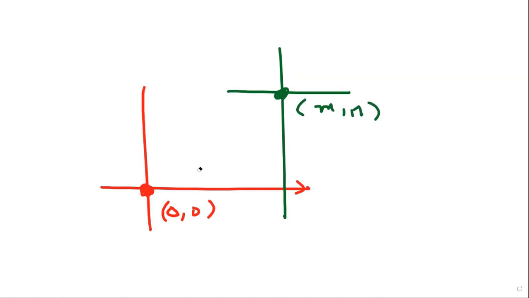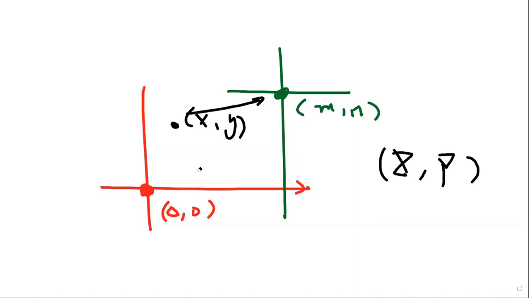And then we do have a point right here, called XY. We are trying to solve for the big X, big Y with respect to the MN.